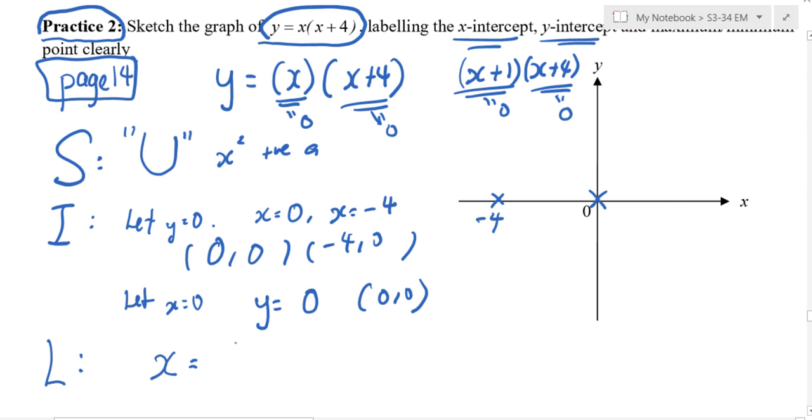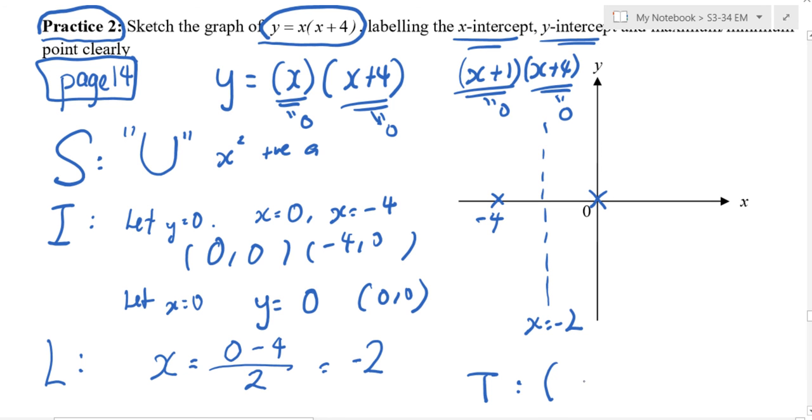What is the x1? So draw the negative 2. And what is my last one? T stands for turning point. 2, something. What do I do?